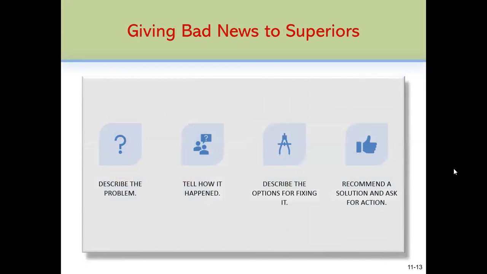Now, giving bad news to superiors, as we did earlier when we talked about subject lines. When you're giving bad news to your bosses, describe the problem, tell how it happened, describe the options for fixing it, recommend a solution, and ask for action. It's a basic thing that when you go to a superior, you don't just tell them the complaints.